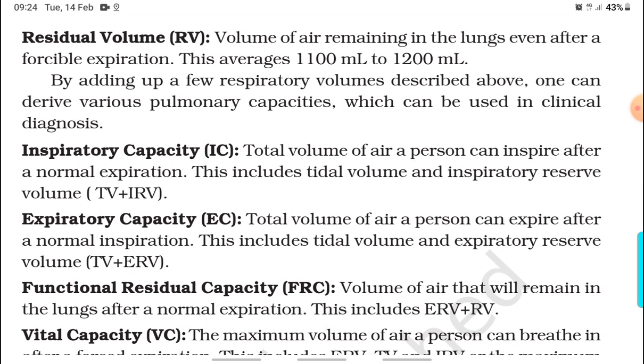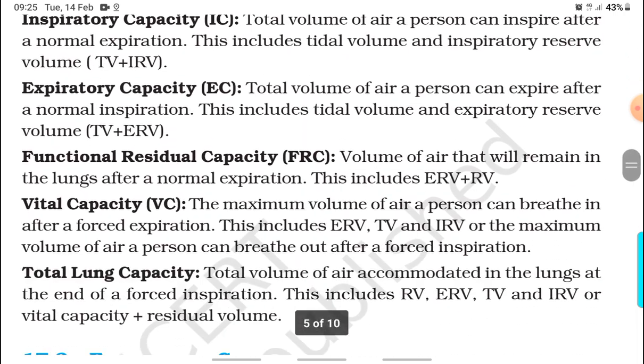By adding up a few respiratory volumes described above, one can derive various pulmonary capacities which can be used in clinical diagnosis. Inspiratory capacity or IC: the total volume of air a person can inspire after a normal expiration. This includes tidal volume and inspiratory reserve volume, TV plus IRV.